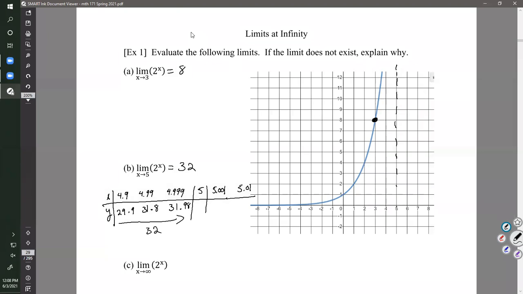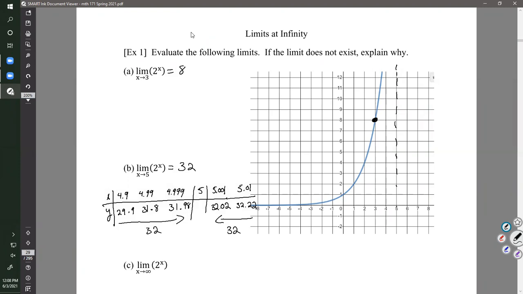And then if I come in from the other direction, at 5.1 or 5.01, I have 32.22, and then I have 32.02. So I'm getting closer and closer to 32 as well. So we have 32.